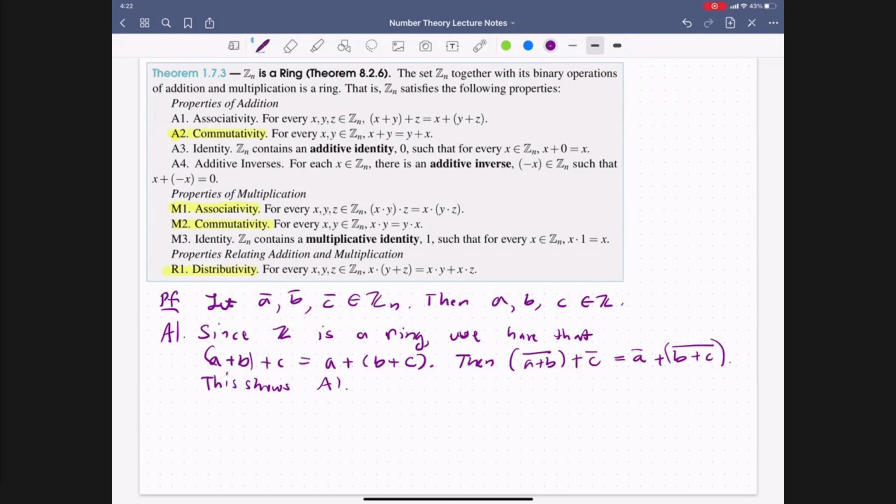So let us now show A3. This is the identity in Zn. We're going to do it the same way. Since Z is a ring, zero is the additive identity.